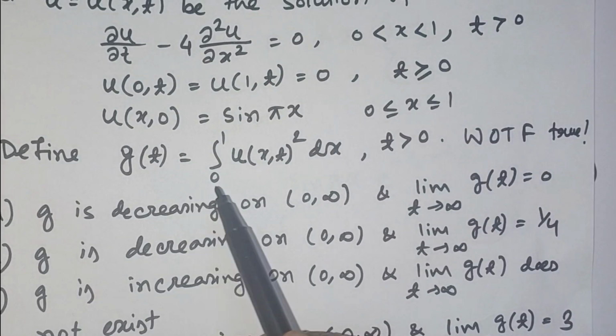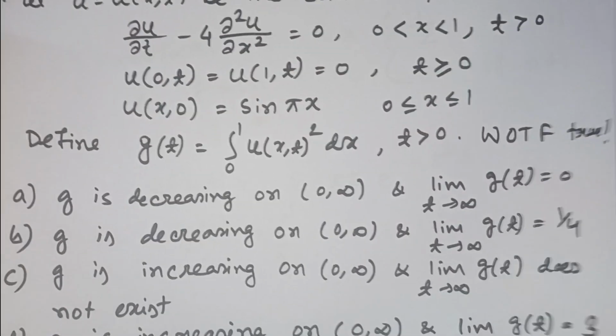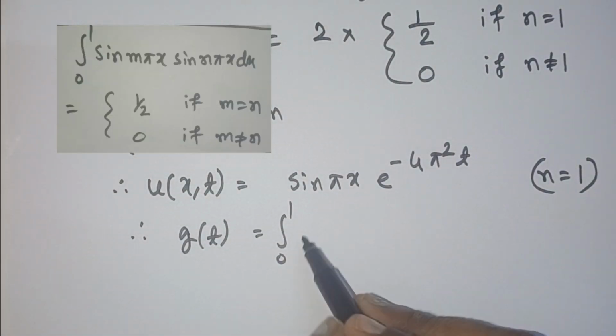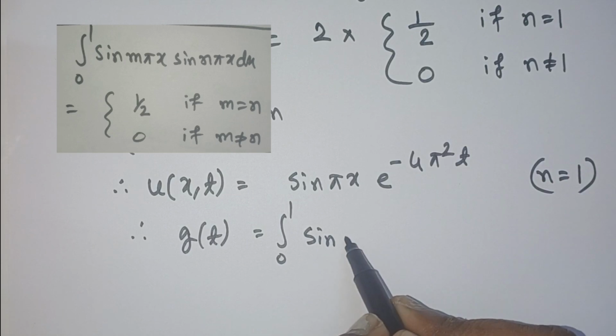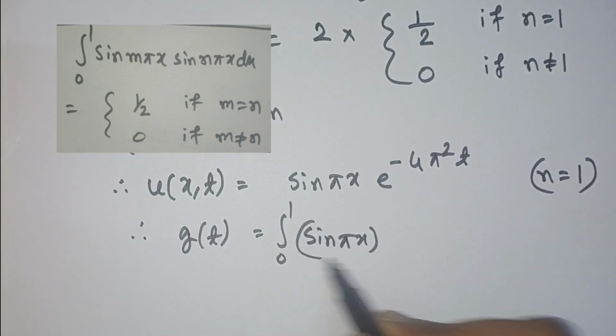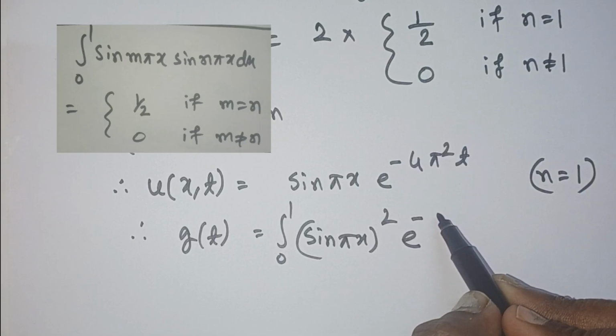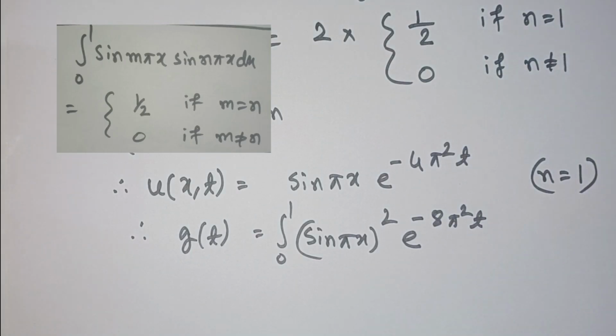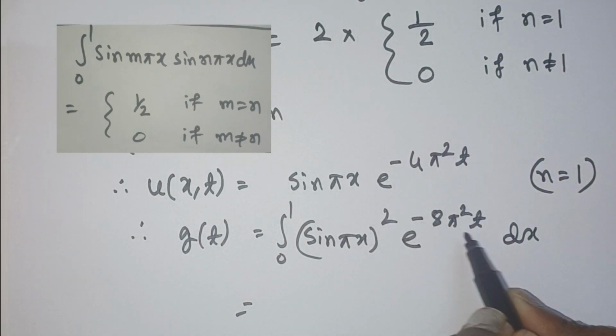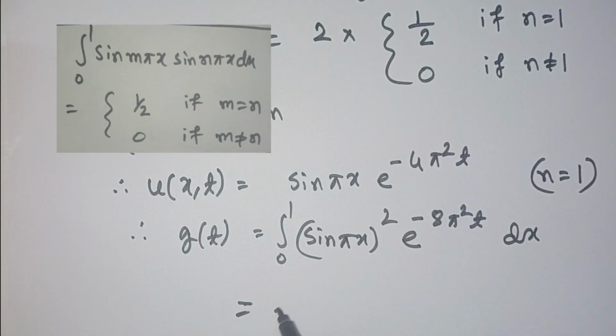So now g(t) equal to integration 0 to 1 of (u(x,t)) whole square, and we already obtained u(x,t). So if we put it in, we get (sin pi x) whole square e power minus 8 pi square t dx. Now as you can see, e power minus 8 pi square t is independent of x, so we can take this outside.